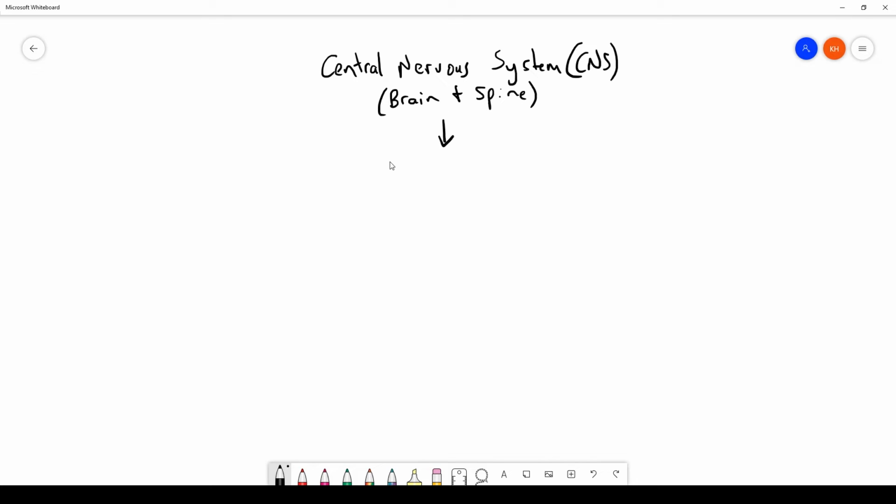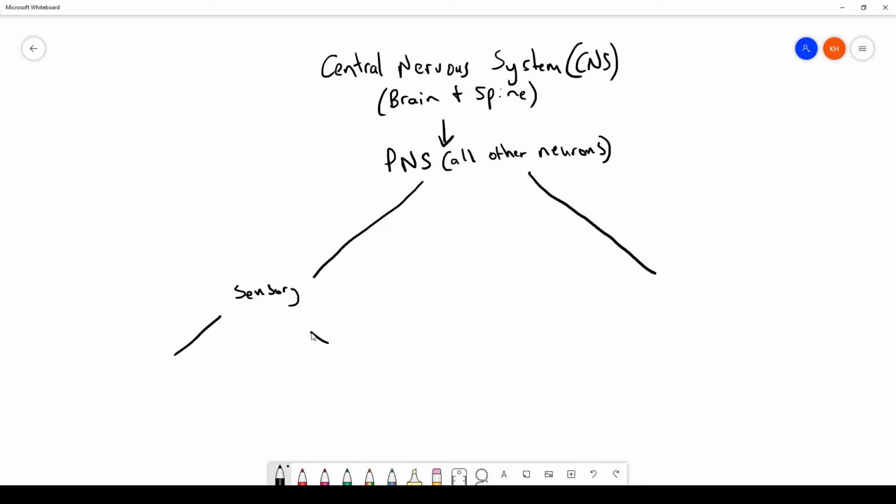Okay, so like we said, we have our central nervous system, which consists of our brain and our spine, and this can be abbreviated as CNS. If we leave our central nervous system, we'll enter into our peripheral nervous system, or our PNS. This is all of the other nerves in the body. Because of the complexity of the PNS, we can subdivide this into two major branches: the sensory branch and the motor branch.